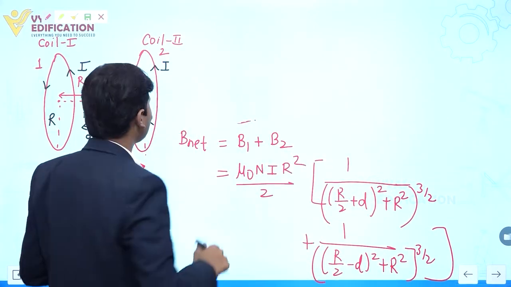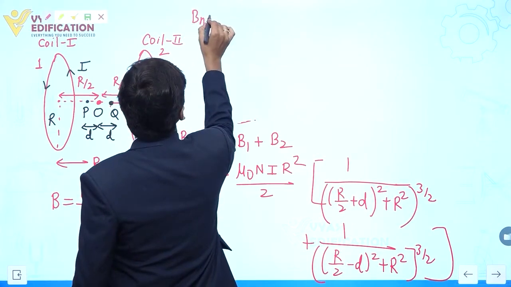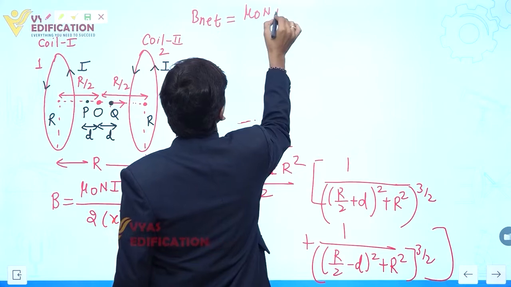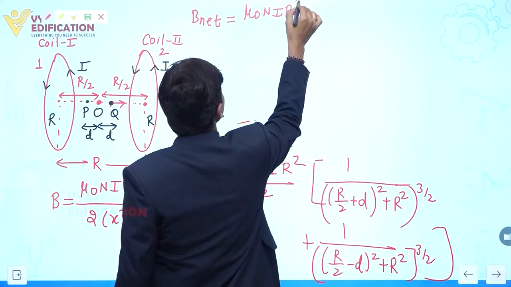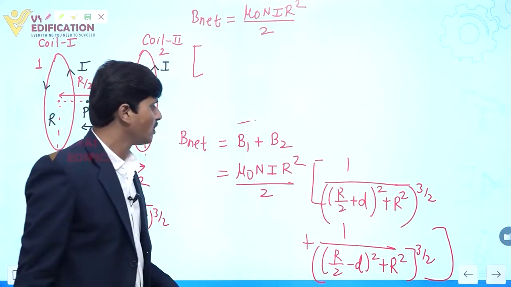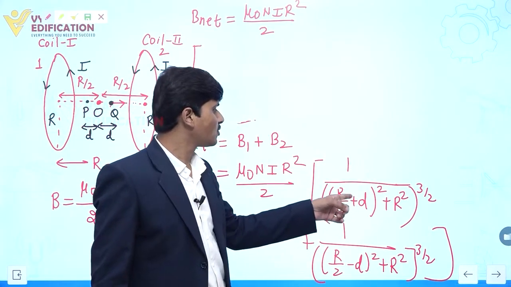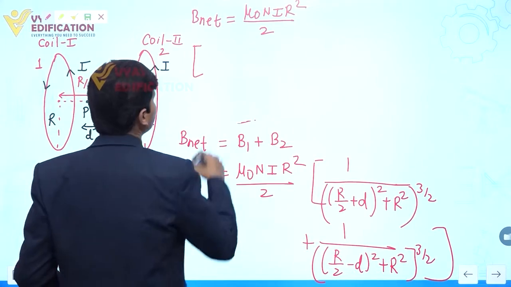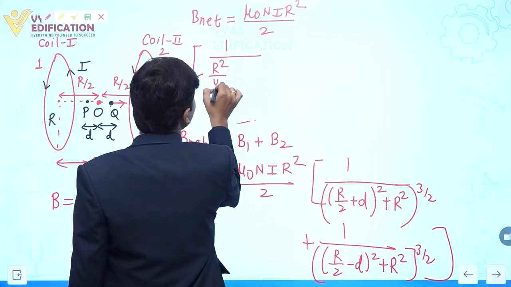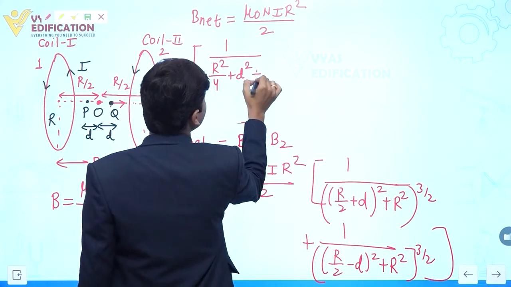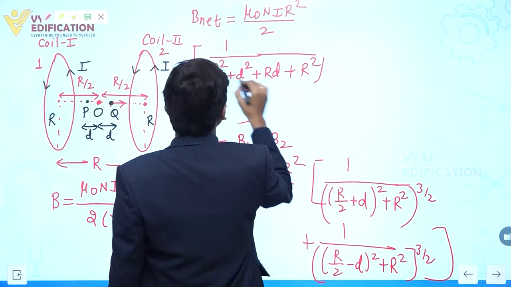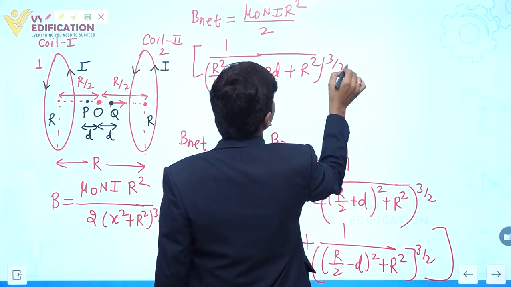Now listen carefully. The value of B net is given by mu naught N i r square divided by 2, multiplied by a bracket. Inside it, 1 upon (r square by 4 plus d square plus rd plus r square), power 3 by 2.